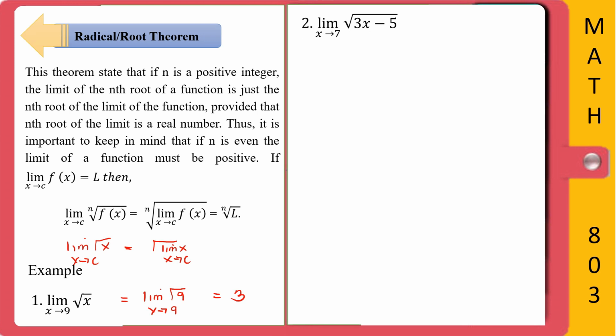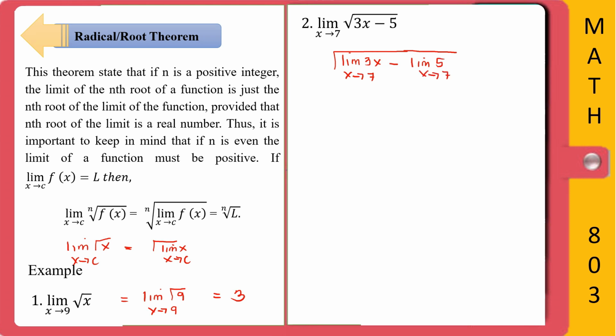Next example, we have the limit of the square root of 3x minus 5 as x approaches 7. Here, we need to distribute the limit as x approaches 7 in each term inside the root, or the radical sign. So it becomes the square root of the limit of 3x as x approaches 7, minus the limit of 5 as x approaches 7.